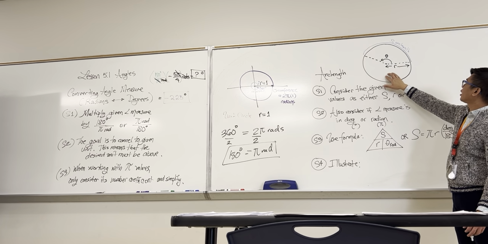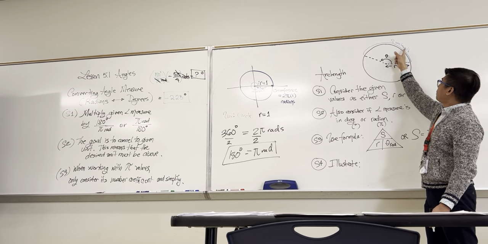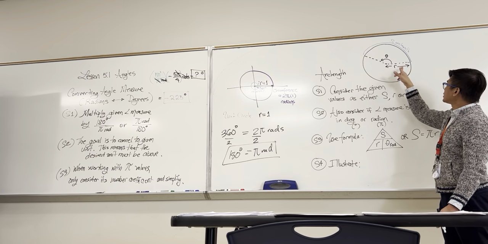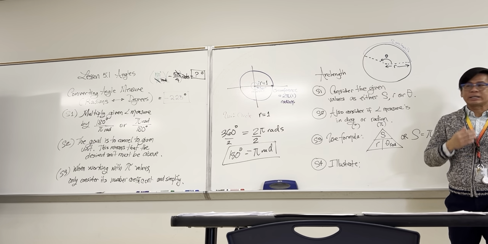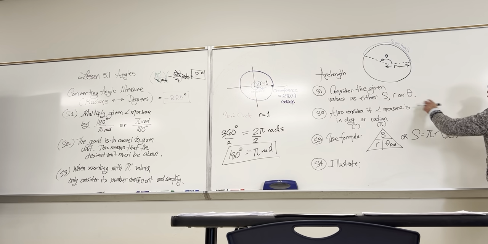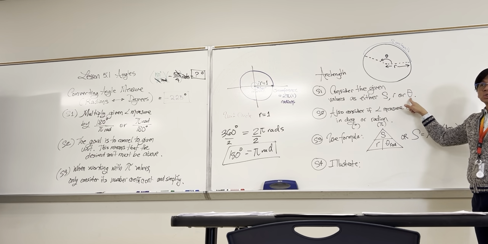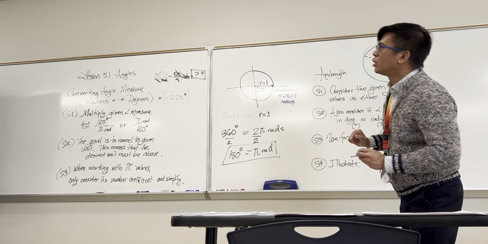All right, so for arc length, it's a part of the circle. Actually, it's a part of the circumference of the circle, right? With radius r and a central angle theta. Okay? So with this being said, consider the given values as either s, the arc length, r, the radius, or theta, the angle. Cool? So in this case, what number is that? 41, right?